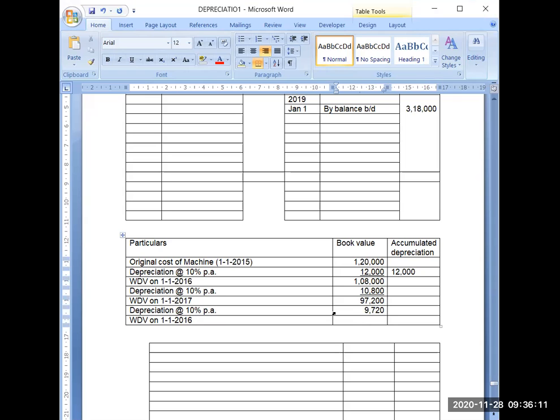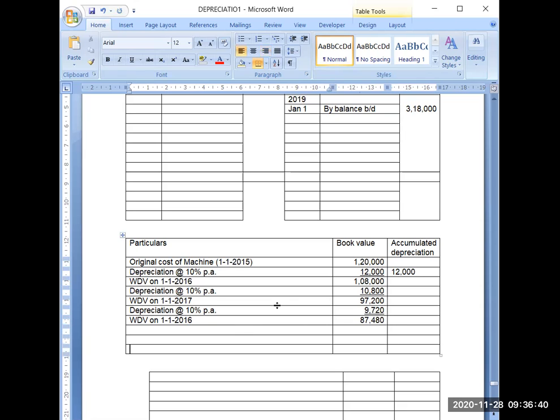And again, we will calculate its WDV. If we subtract 9,720 from 97,200, the written down value will be 87,480.